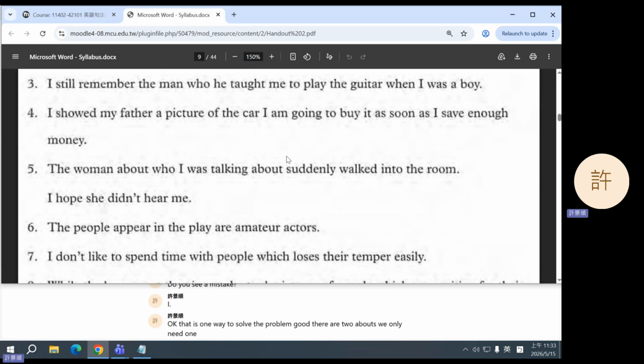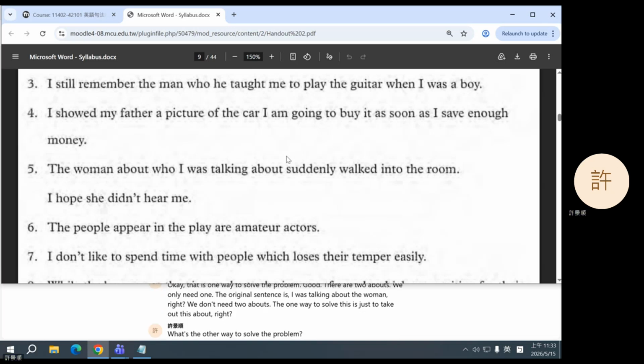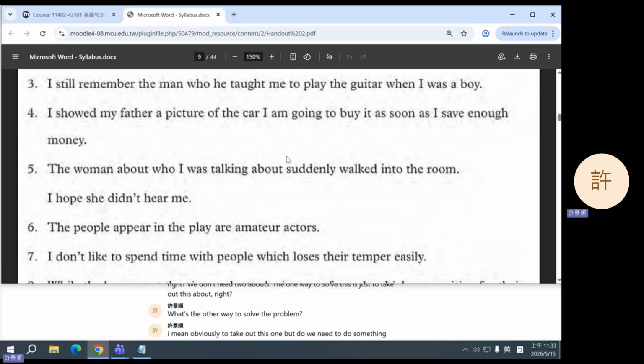The original sentence is, I was talking about the woman, right? We don't need two abouts. So one way to solve this is just to take out this "about," right? What's the other way to solve the problem? I mean, obviously to take out this one, but do we need to do something else?